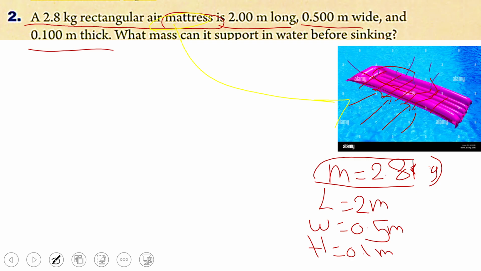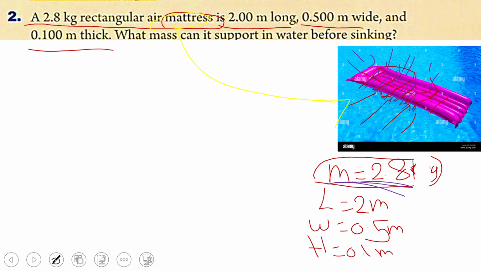This is the mass of the air mattress before it goes under the water, the general or real mass. But because the air mattress goes under the water, some of the water goes in it, so its mass becomes heavy.